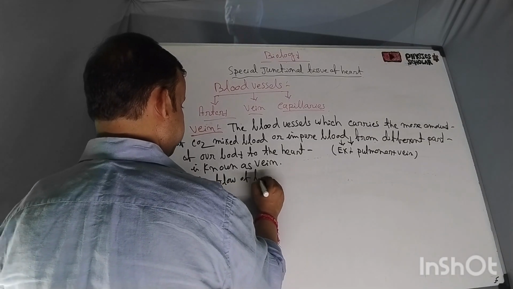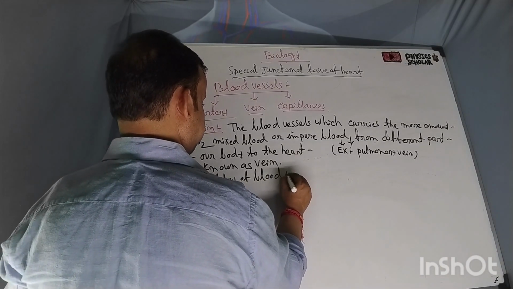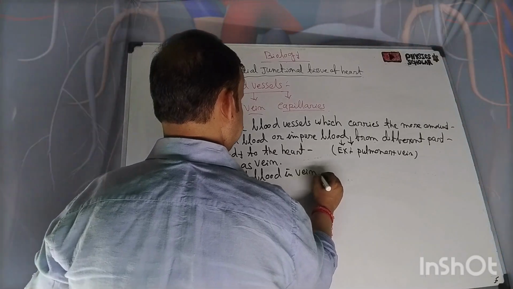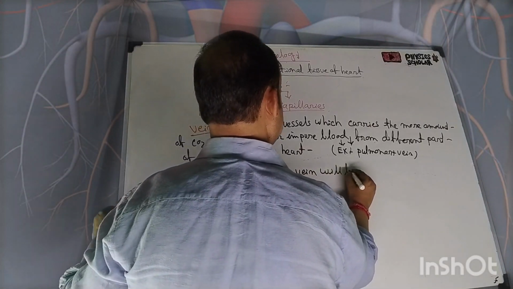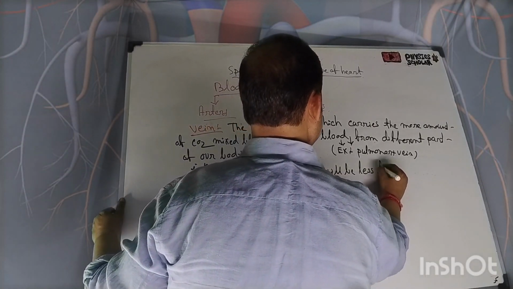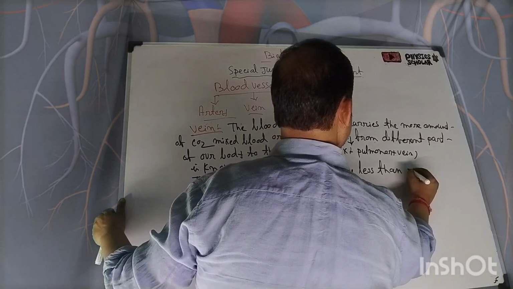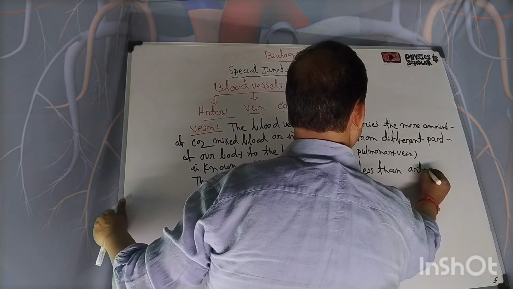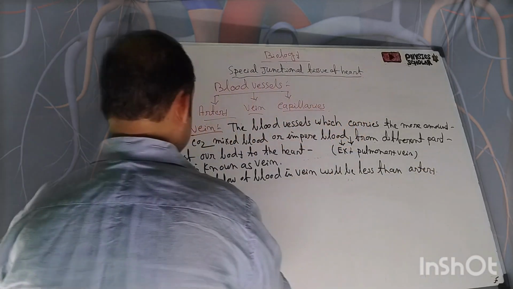The flow of blood in a vein will be less than in an artery.